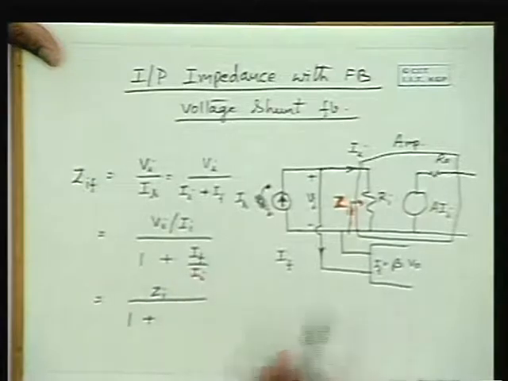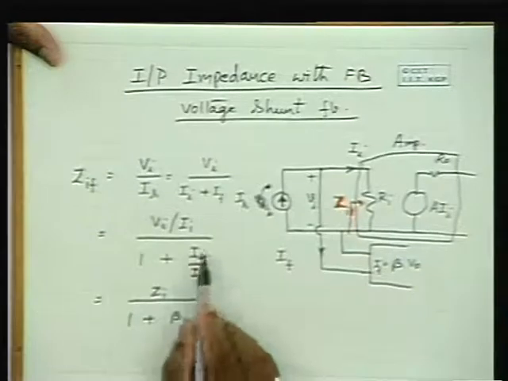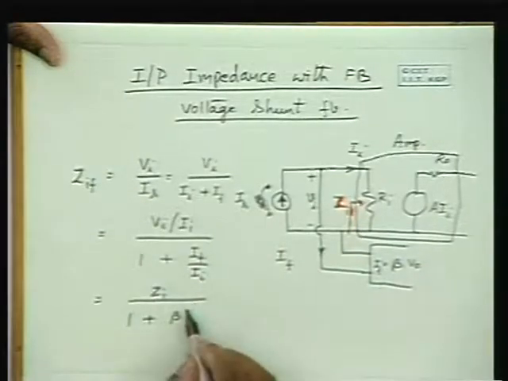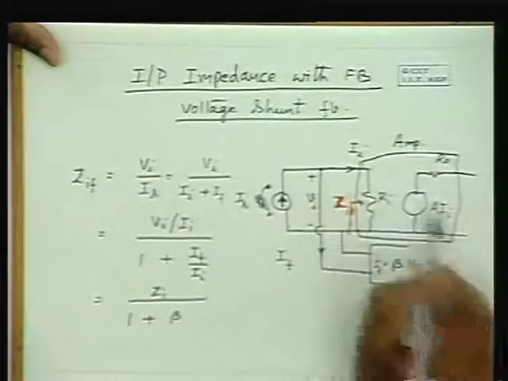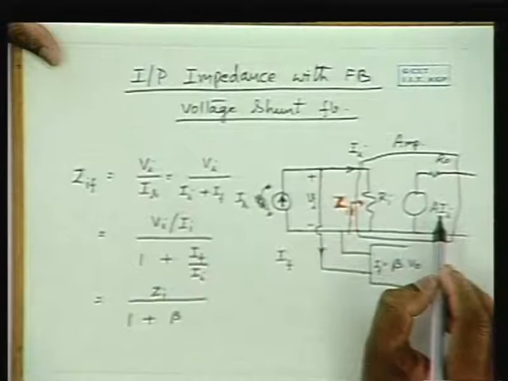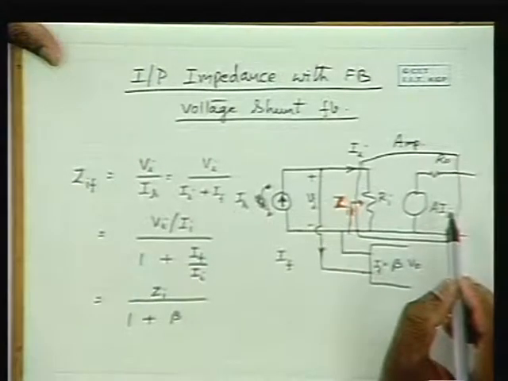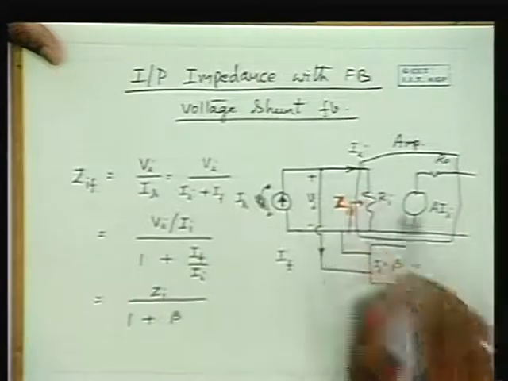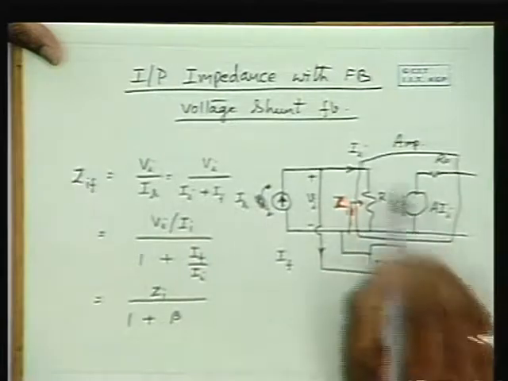Now If can be expressed as beta times V naught, so we have beta times V naught by Ii. Please note that the V naught to Ii ratio is A, because it is a transimpedance amplifier and the output voltage is equal to A times the input current. So V naught is equal to A times Ii.